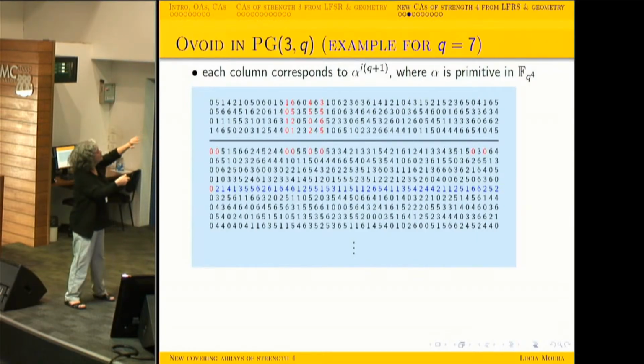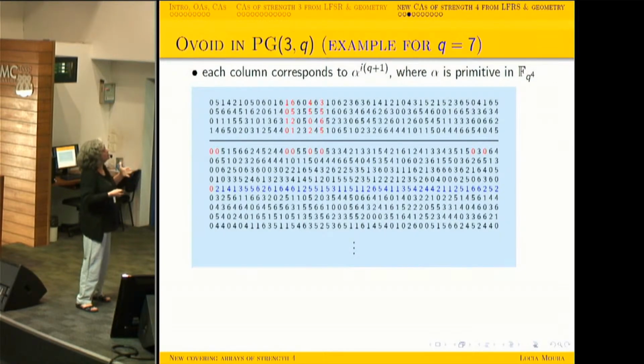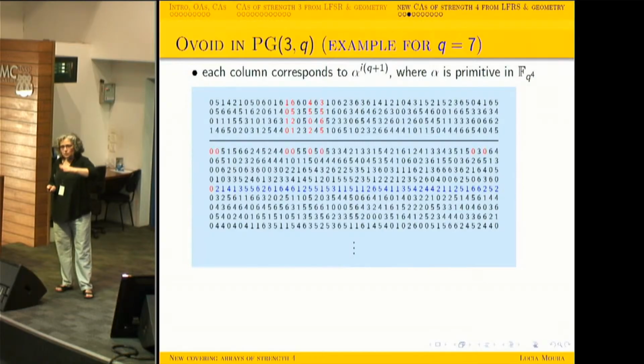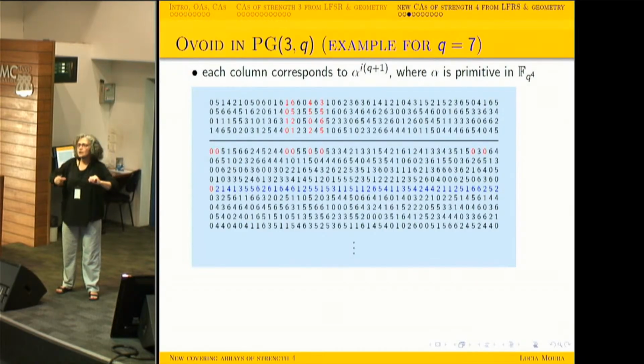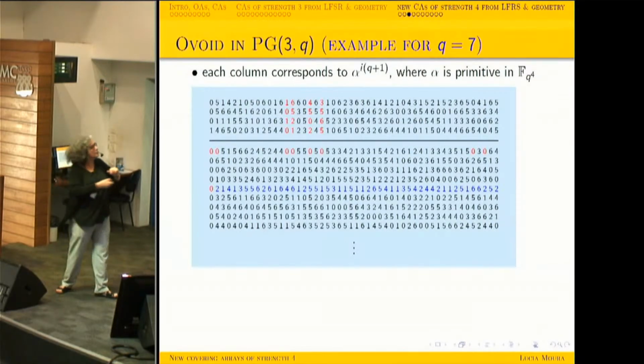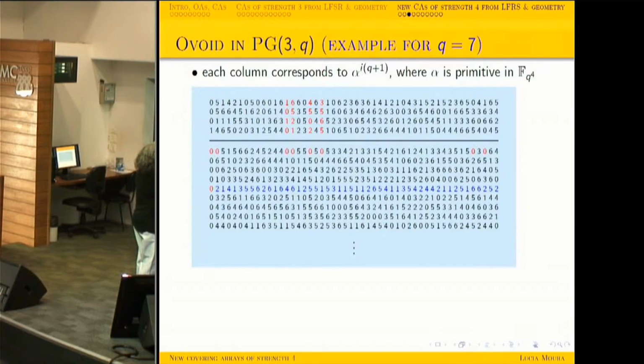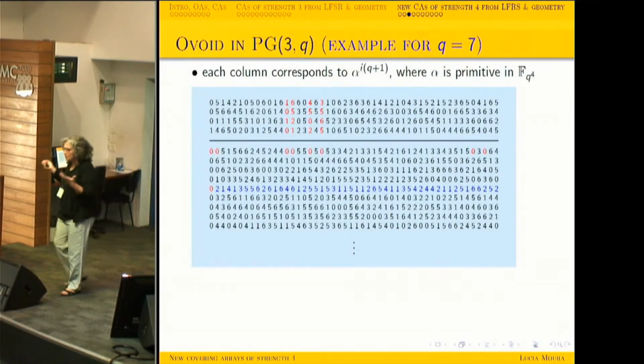But I'm concentrating on this part. Whenever I have zeros here, this corresponds to planes intersecting the ovoid. They may intersect in a circle, or they may intersect in a single point. For example, here, intersecting in a single point, I have no problem. This will not cause any problem with my coverage.